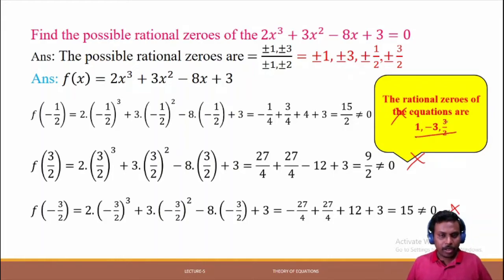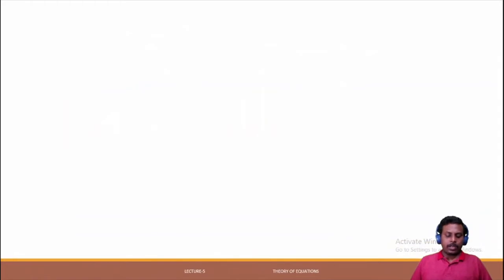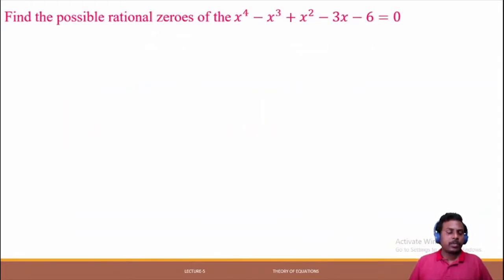Now let me consider one more example on this. Find the possible rational zeros of x power 4 minus x cube plus x square minus 3x minus 6 equal to 0. So here, what is the leading coefficient?